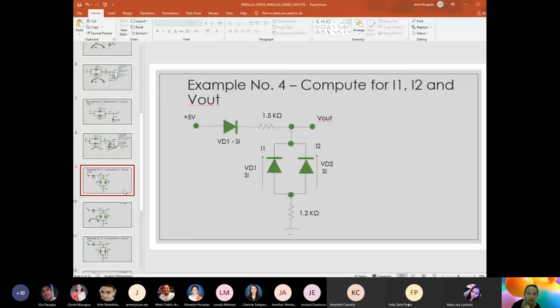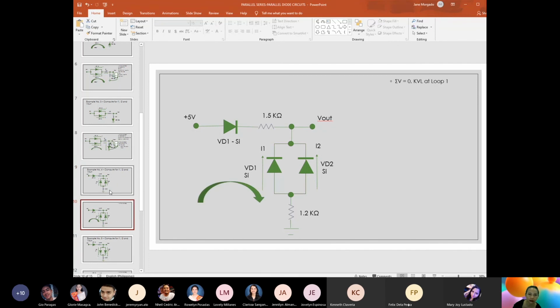Okay, example number 4. Compute for I1, I2, and V out. We reversed it. Now we have the parallel combination of silicon diodes. The first thing we do is determine the state of each diode. What is D1?